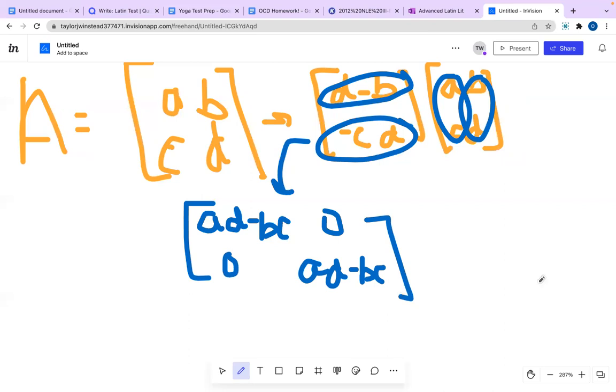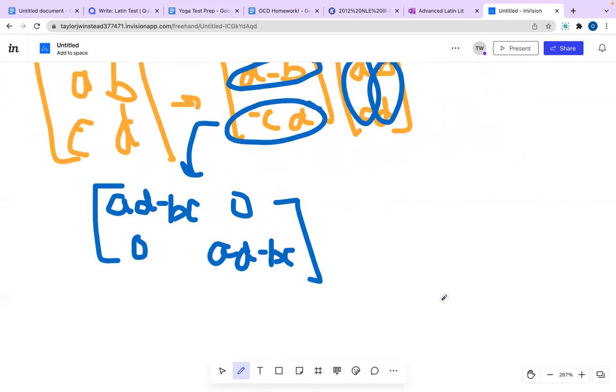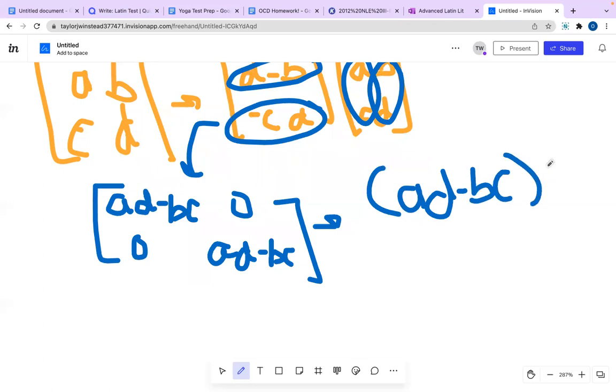Okay, all good. So we multiply these out, we get to here. Another way that we can write that is we can just pull out the AD minus BC and times that by the identity matrix, because that's just going to give us what we have right here, right?